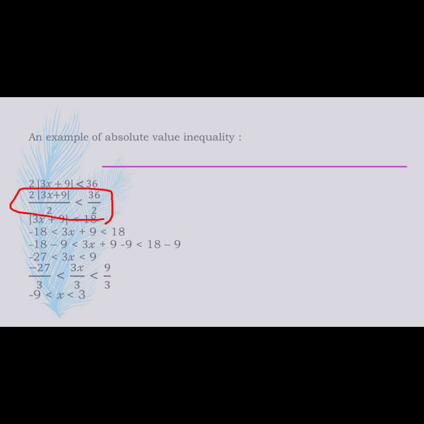In this section, we can divide both sides by 2. So, the absolute value of 3x plus 9 over 2 less than 36 over 2. The result is the absolute value of 3x plus 9 less than 18.